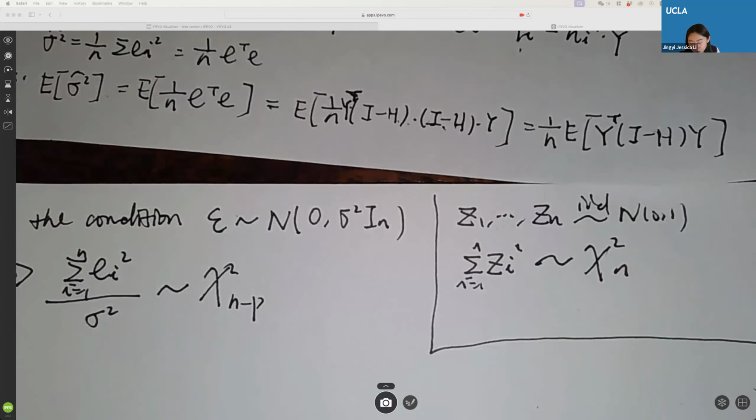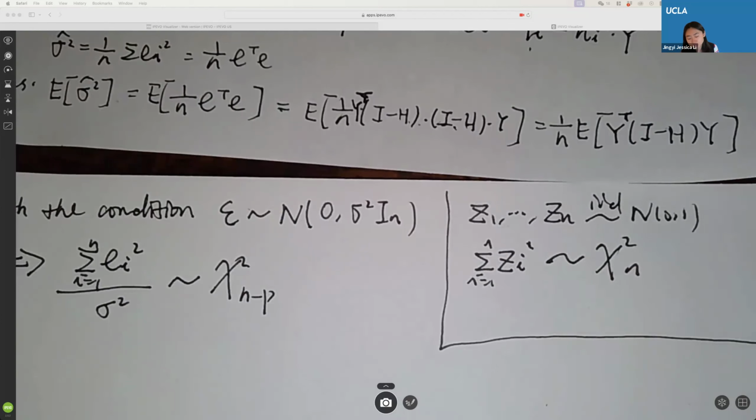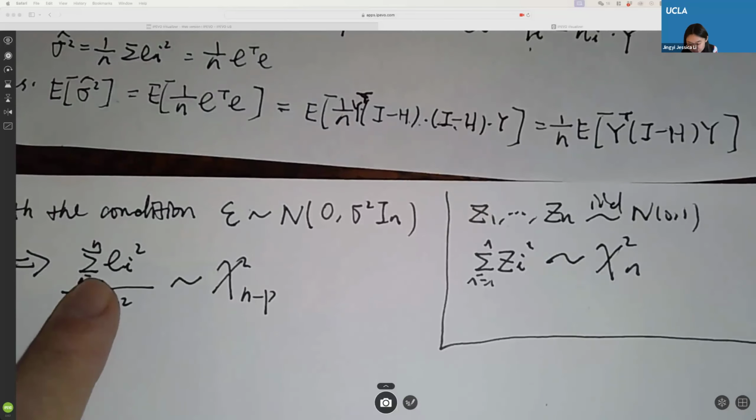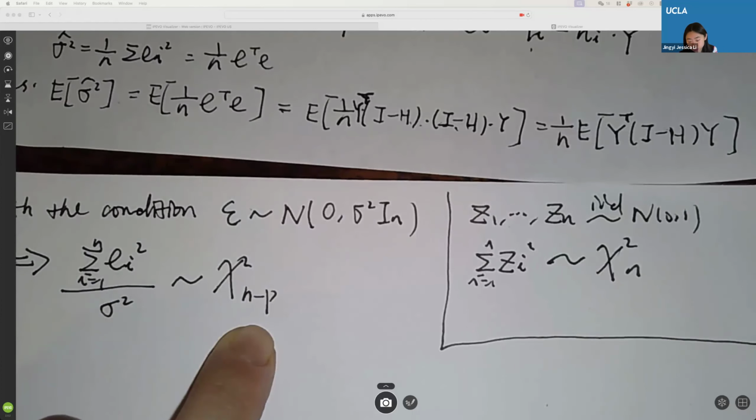That's why we have them. With the chi-square distribution, you can see it is defined as the sum of standard normal squares, and the number of independent standard normals you have is the degrees of freedom of the chi-square. As I said, e_1 to e_n only have n minus p degrees of freedom, and that's also reflected in this distribution.